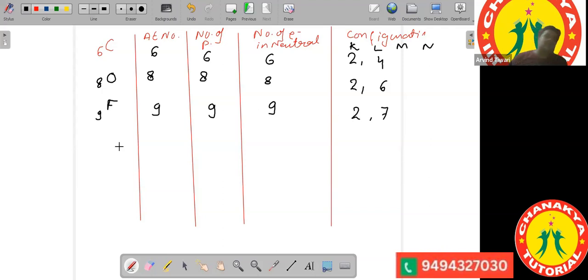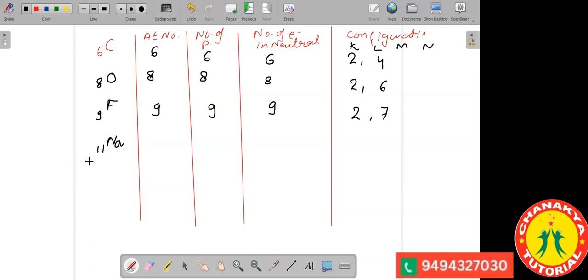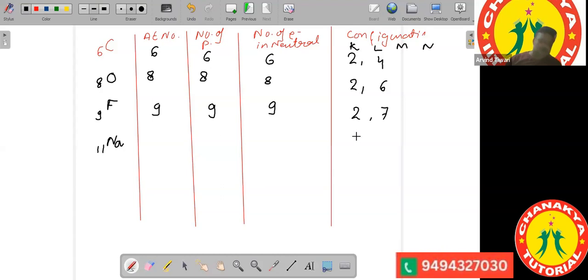Rikshit, can you tell me the arrangement in sodium, which is atomic number 11? 2, 8, 1, right. Okay.